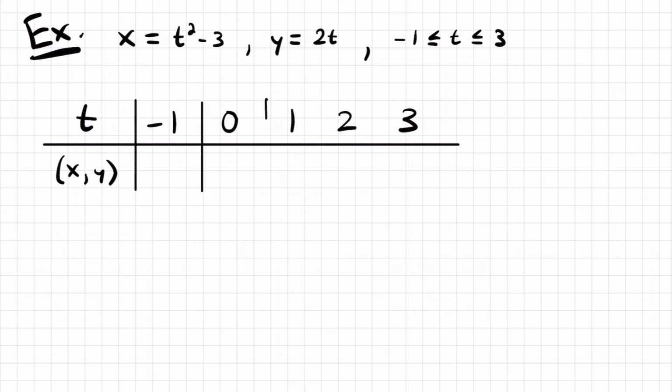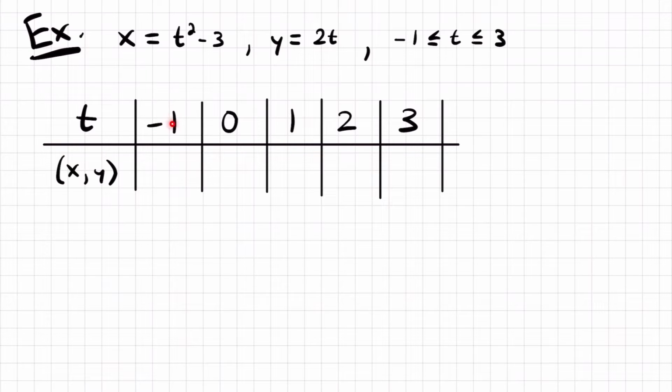Okay, and so let's create our coordinate points here. I'm just going to finish drawing out our table. When t equals -1, what will our coordinate point be? Well, what we have to do is plug -1 in for t in our equation for x, and then plug -1 in for t in our equation for y. Now I'm going to go through this pretty quickly because I believe at this point we're pretty good at plugging numbers into equations.